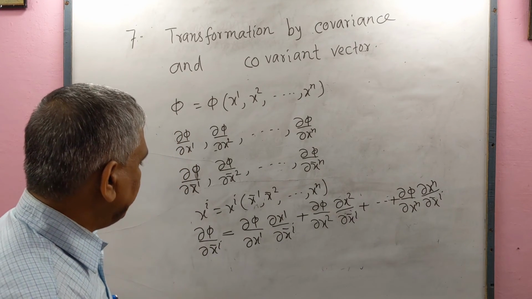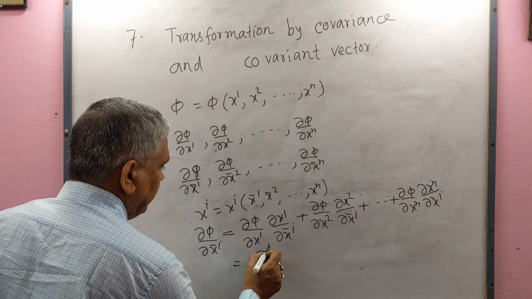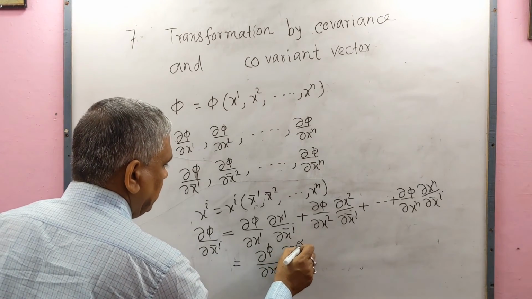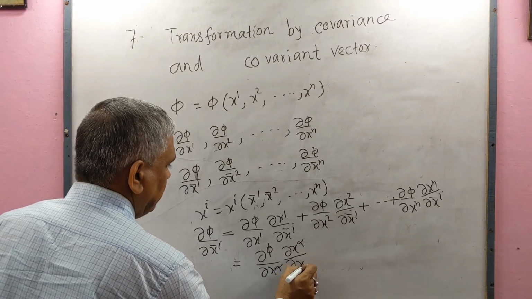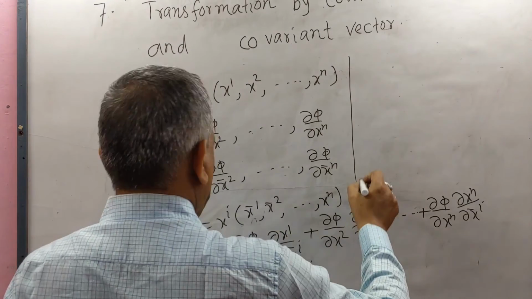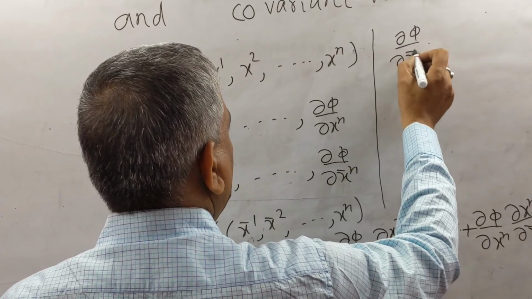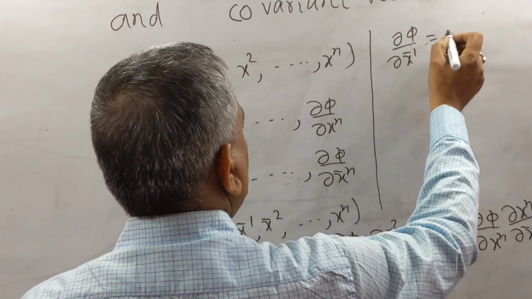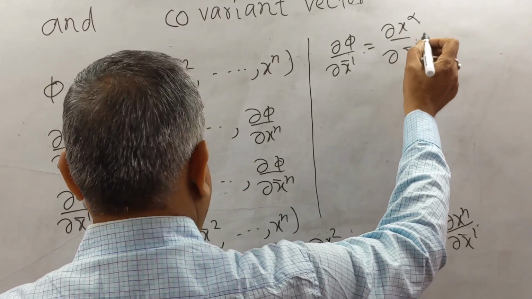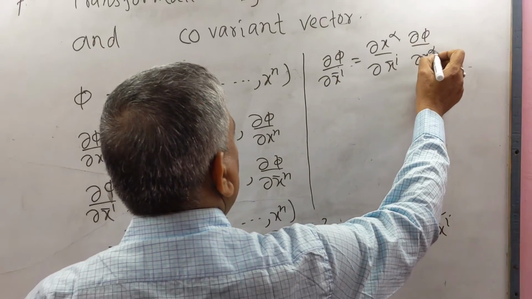So this we may write with a dummy suffix as del phi by del x alpha into del x alpha by del x bar i. We may also write this as del phi by del x bar i equal to del x alpha by del x bar i into del phi by del x alpha.